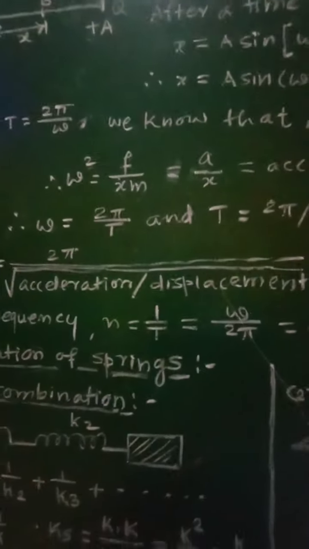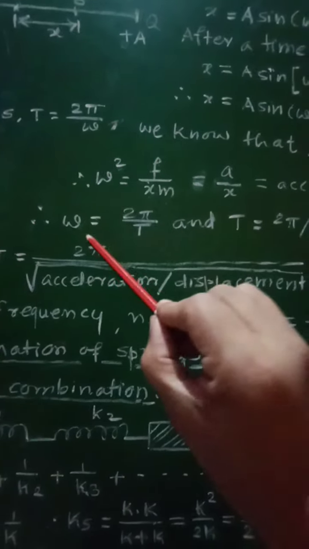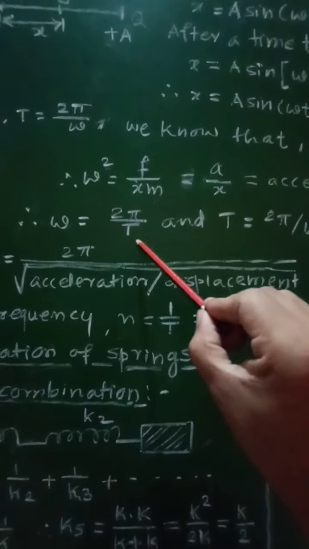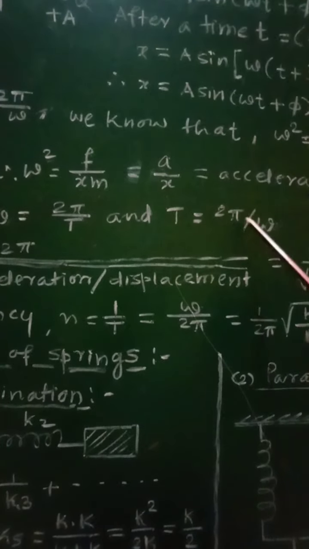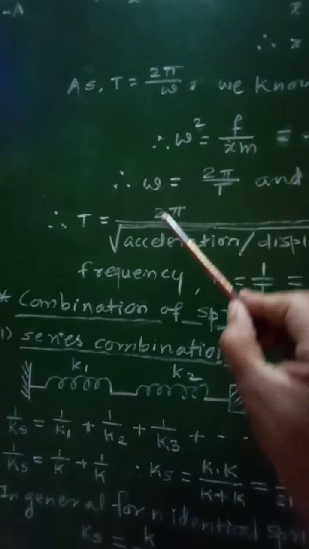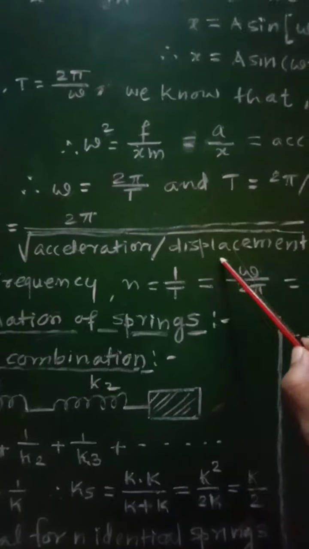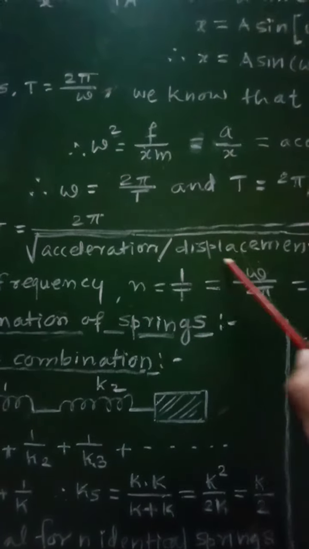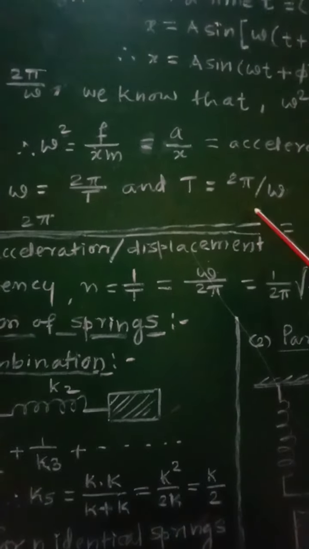That will be the value of omega, and omega is equal to 2 pi by T, so T is equal to 2 pi by omega. And therefore from this relation we can write T is equal to 2 pi upon square root of acceleration per unit displacement, because this term represents omega.